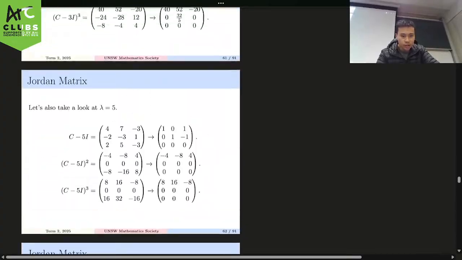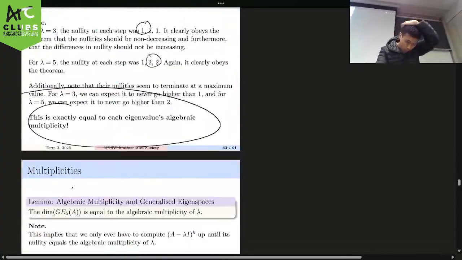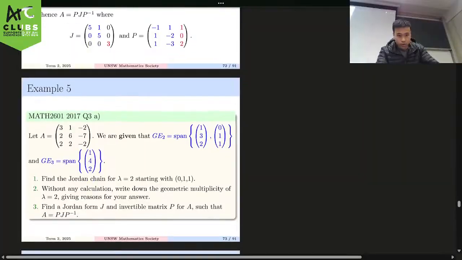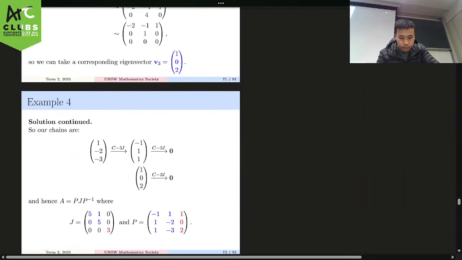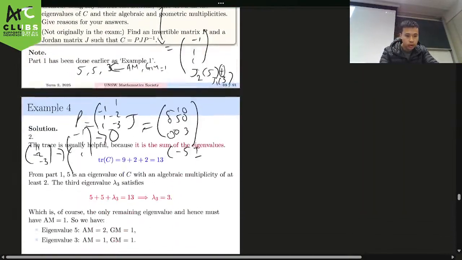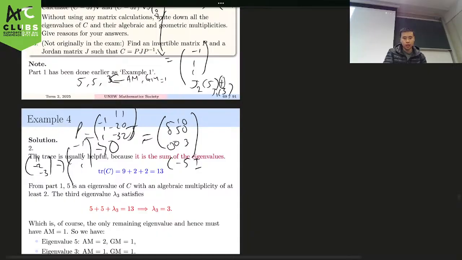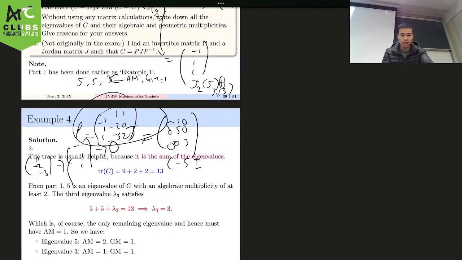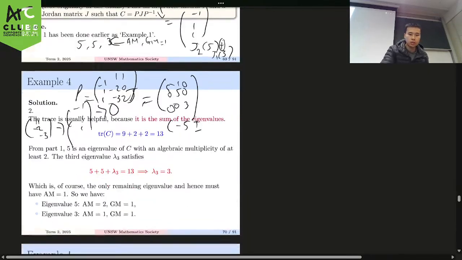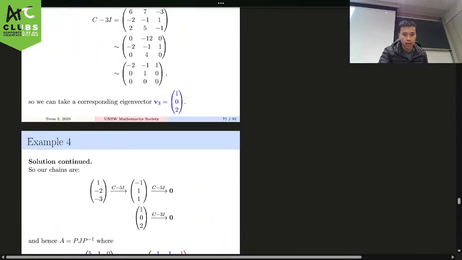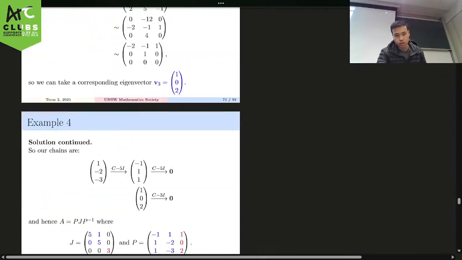I think we did find it somewhere. Okay, I'm not going to scroll up, I'm just going to scroll down. It was 1, 0, 2, whatever that was. Okay, so that's our P matrix, and here is the Jordan form. Yeah, okay, so it's the same.